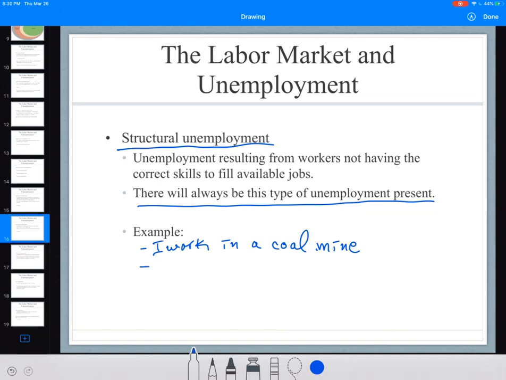Suppose I get laid off. I am let go, right? And suppose there's a company in town hiring software programmers.